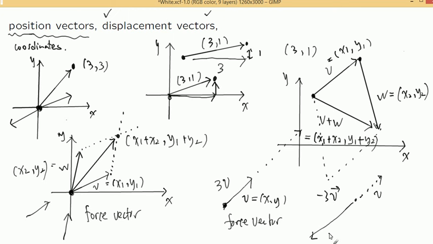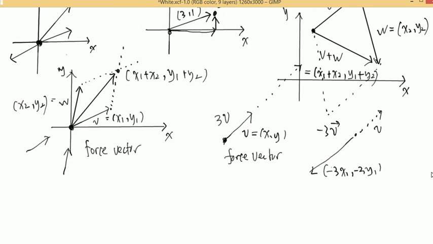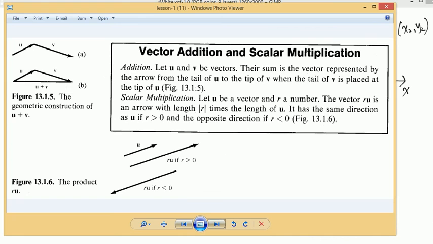But the way it works algebraically for the ordered pair interpretation is exactly the same across all different interpretations of vectors. All the same. So here is negative 3x1, negative 3y1. Isn't that right? That's a scalar multiplication right there. Okay?